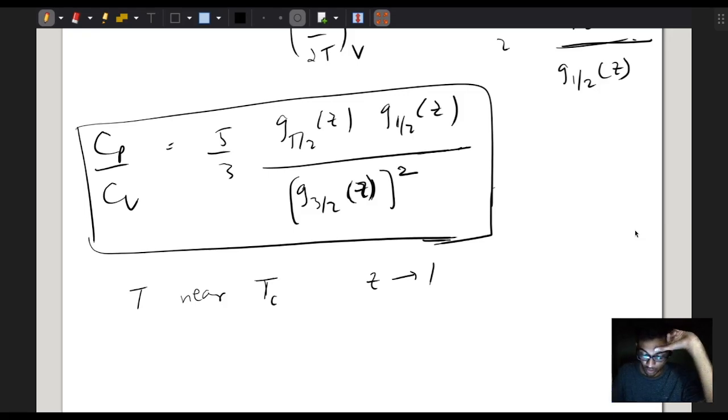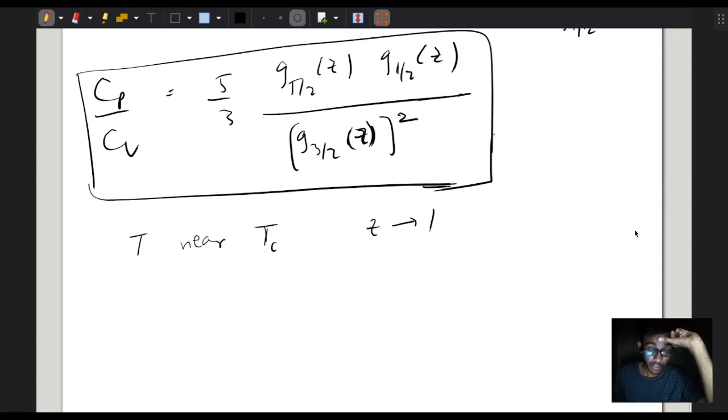So what happens to the heat capacity at constant pressure, Cp? First note that in this limit Cv exists. Cv is a continuous function, even at the critical point. So Cv is finite and continuous at T equal to Tc.